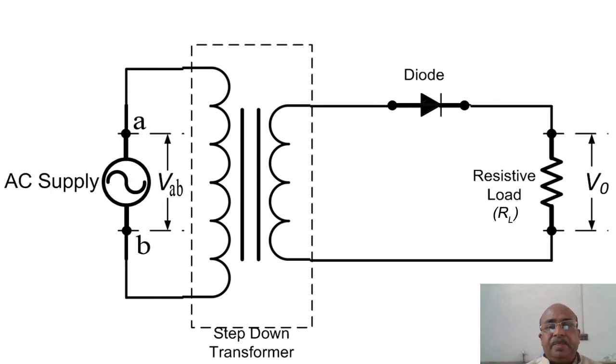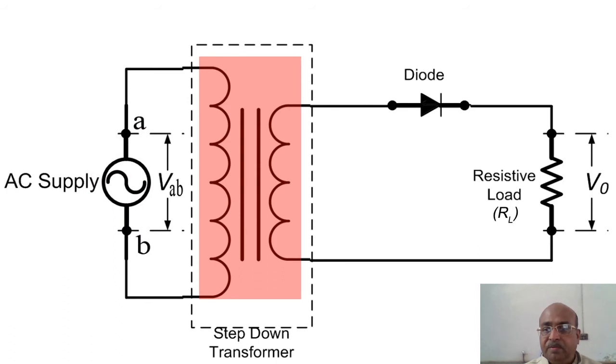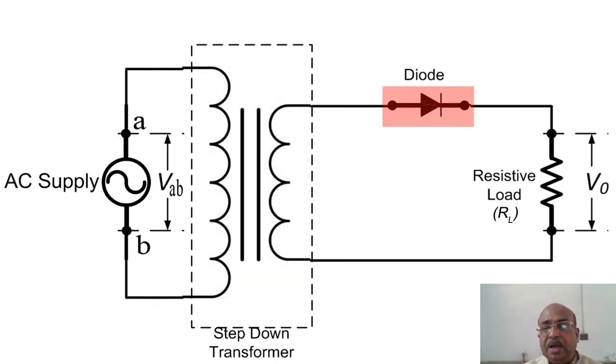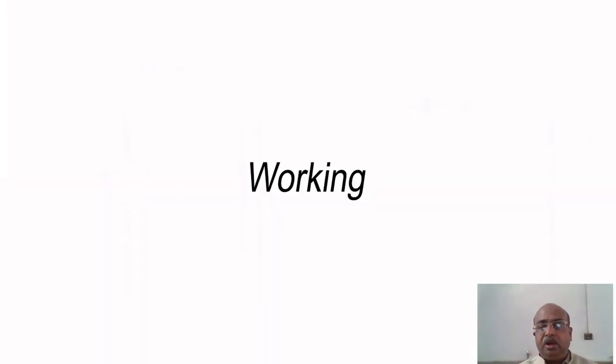This is a circuit diagram for the rectifier, and this rectifier consists of an AC supply, a transformer which is stepped down here, a diode, and a load. Now let us see the working of the half wave rectifier.